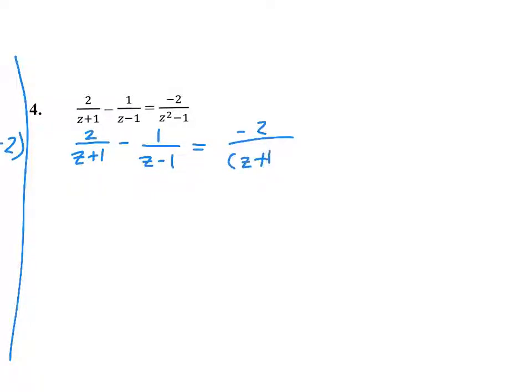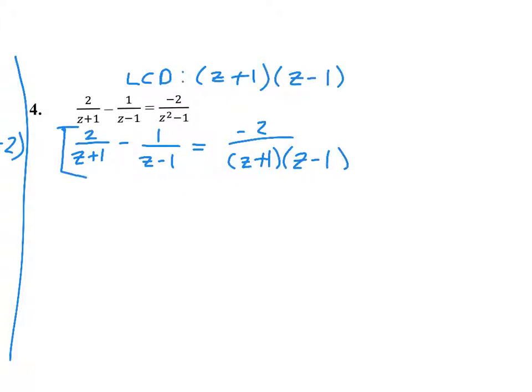Okay, so we factor first, and then we could tell that the LCD is z plus 1, z minus 1. So that's what we're going to multiply everything by. First fraction, z plus 1 cancels out.